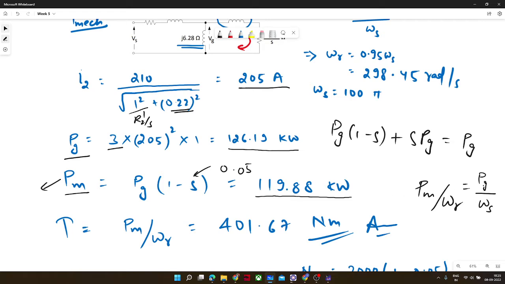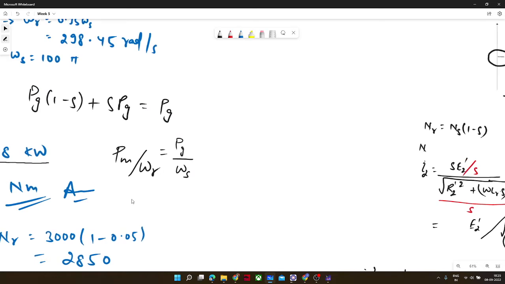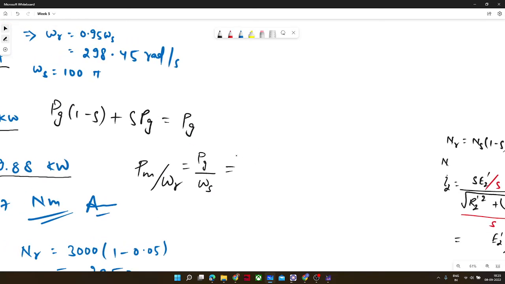If you break it further, Pm is equal to Pg into (1 minus S). This corresponds to Pm divided by omega R, where omega R is equal to omega S into (1 minus S).